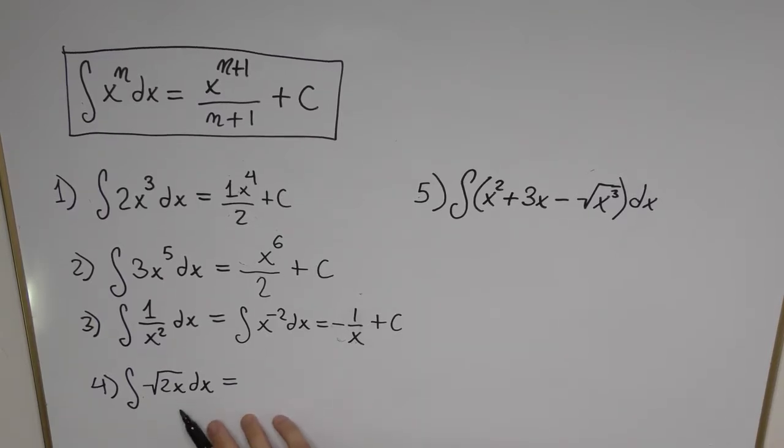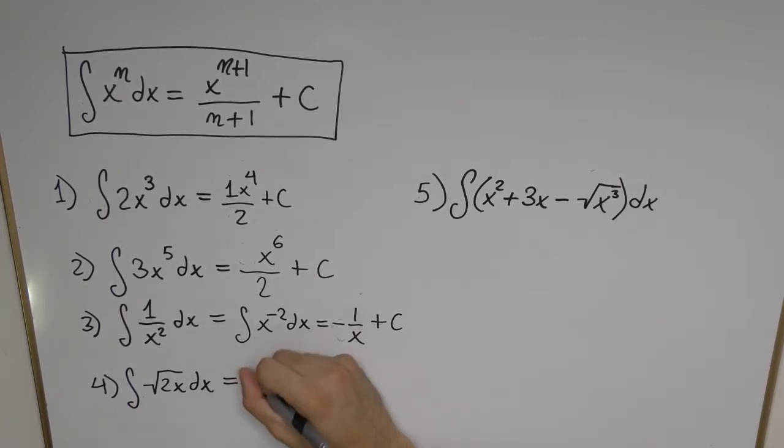Now, a very common question you might encounter if you're going through textbooks and exercises is that you will not necessarily have an integer power, you can also have rational powers. So what will we do in the case where we have something like the square root of 2 times the square root of x? Well, we know that a square root, or any root for that matter, can be expressed as a fractional power.